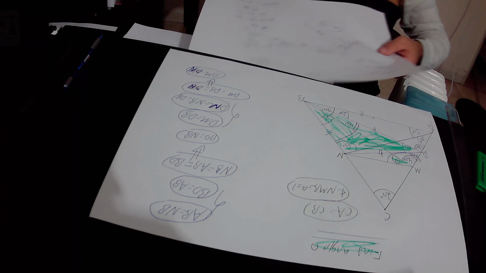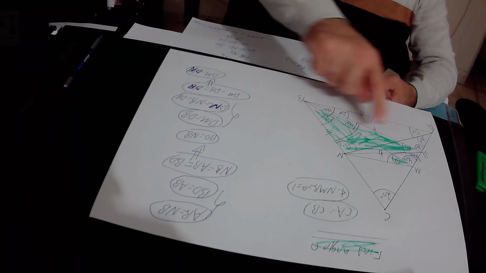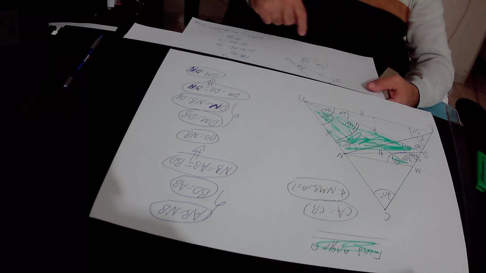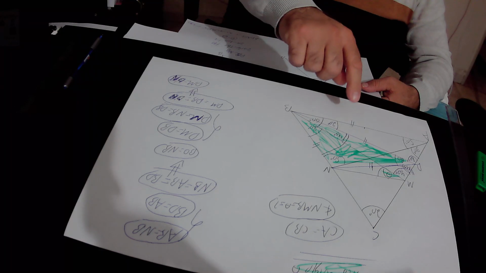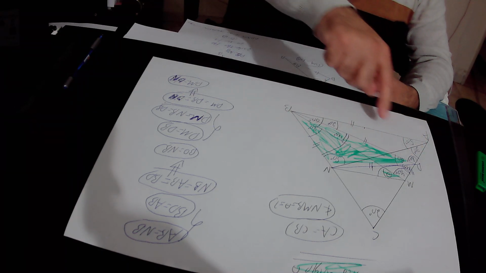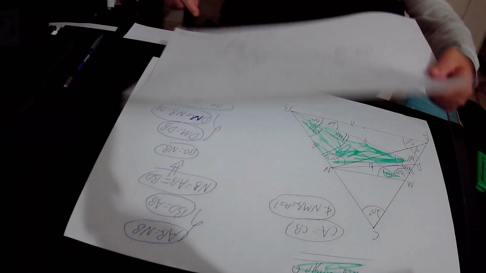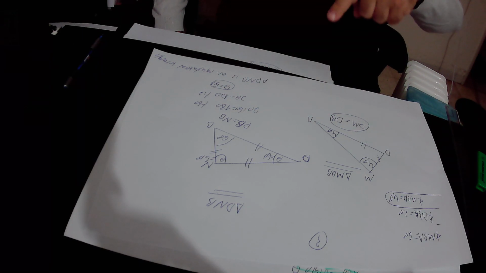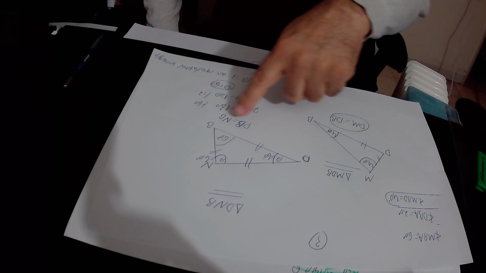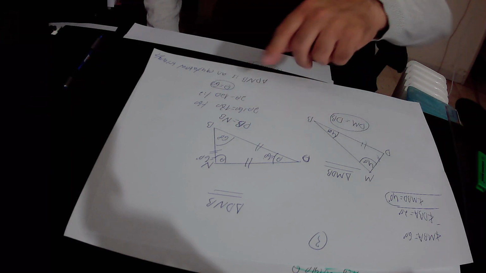In the next step, we join points D and N together by a straight line, and we focus on the green triangle DNB. So copy triangle DNB in a new page. This is triangle DNB that I copied from the original drawing. The size of this angle NBD is equal to 60 degrees.